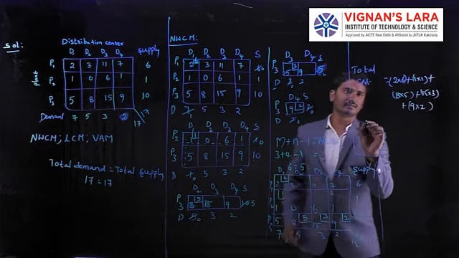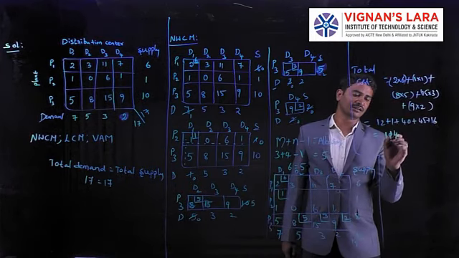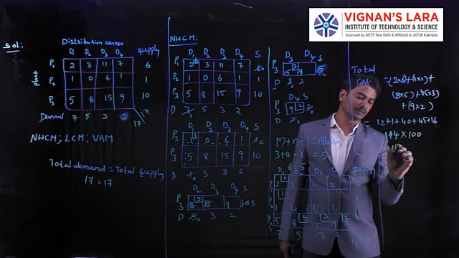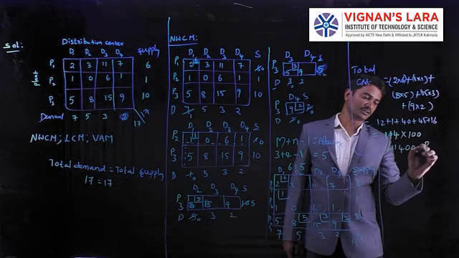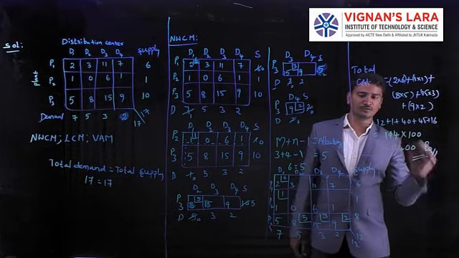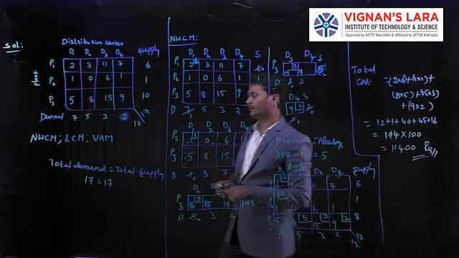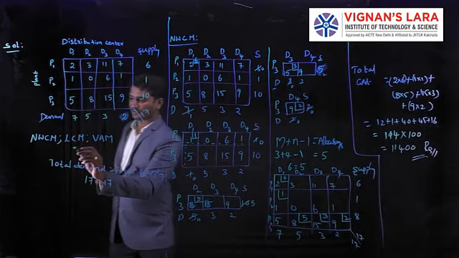From this we get the values, which are taken into 100 as given in our problem, so the total cost is 11,400 rupees.